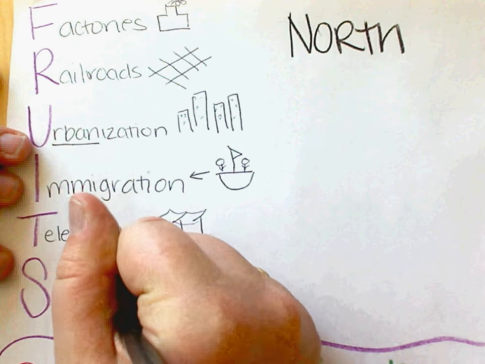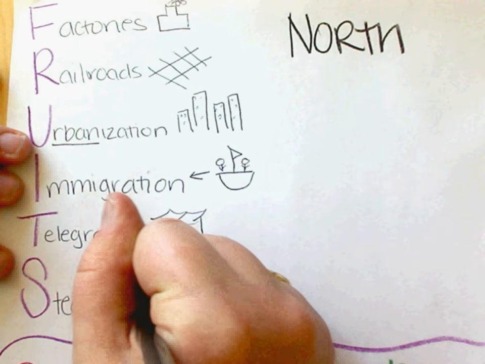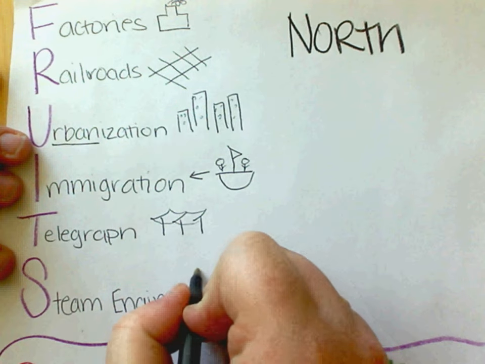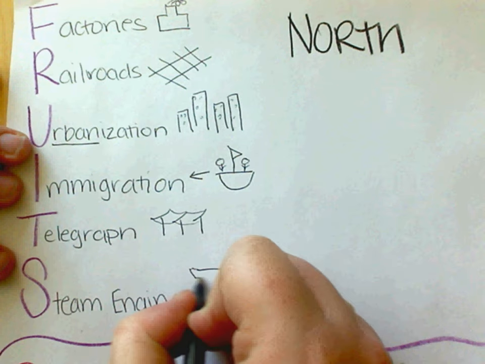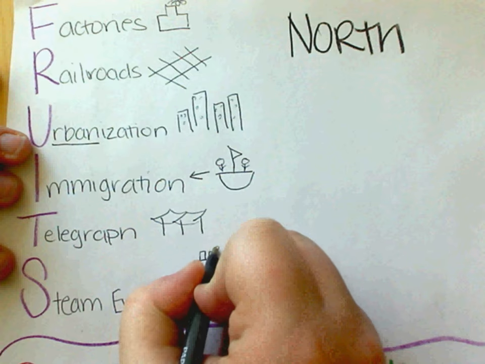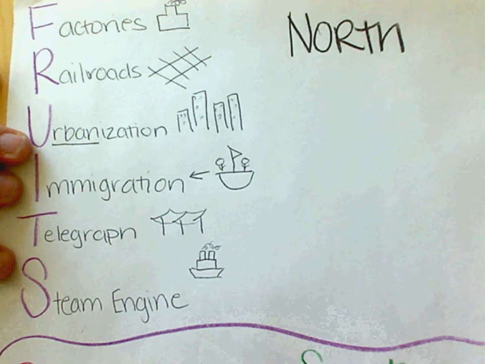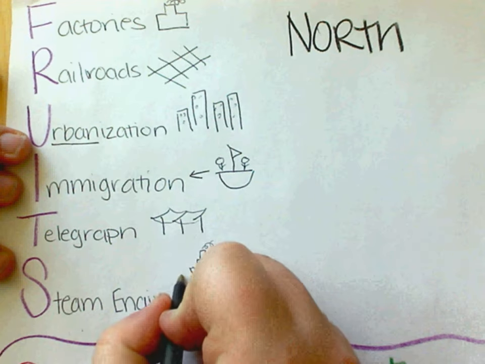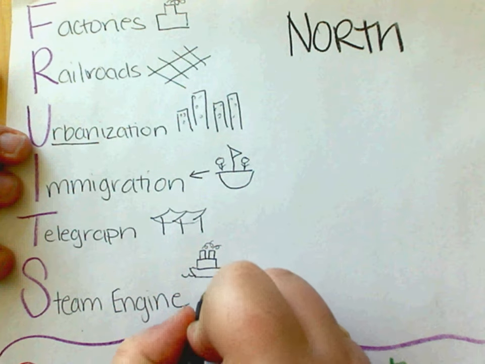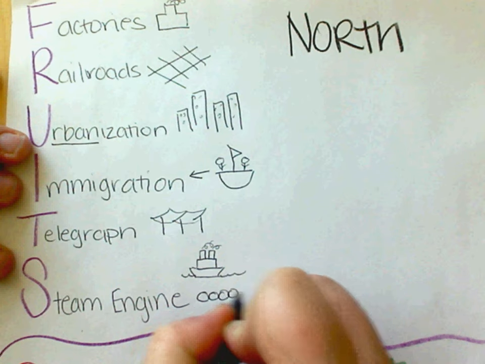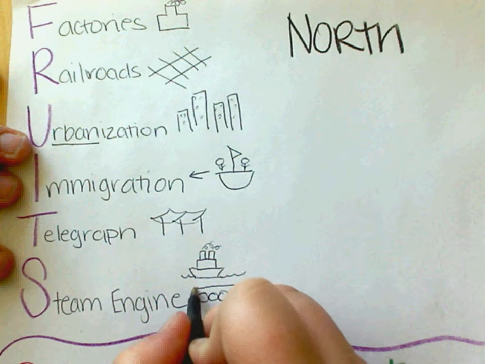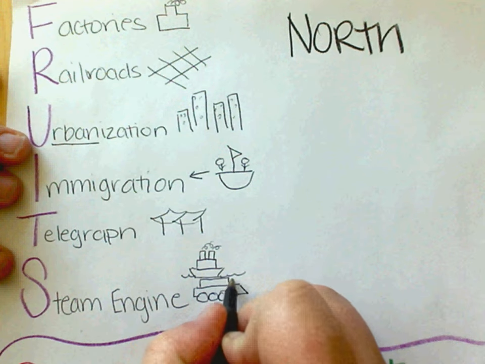And finally, S stands for steam engine. Now, this made itself prevalent in two different ways. We saw the steamboat, and again, I know you're mad jealous of my skills, but this is my steamboat. It's really good, clearly. And then my steam locomotive has the wheels like this, has that weird little thing here, and then something like that.